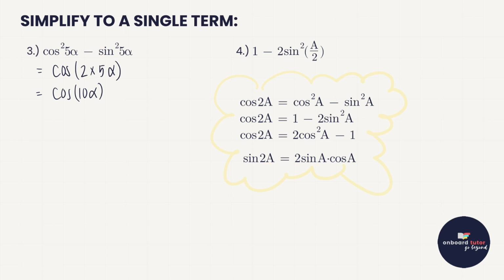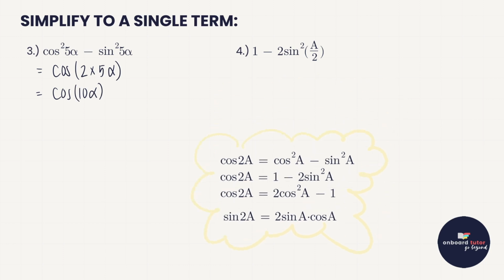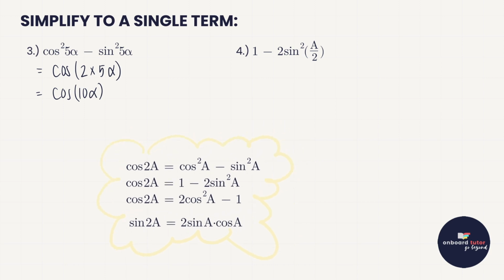All right, let's look at the next one. 1 minus 2 sine squared of an angle. Having a look again at our formula, 1 minus 2 sine squared of an angle. That's great. The angle is a over 2. The angle here in our formula is just a, but that's okay. We can adapt.